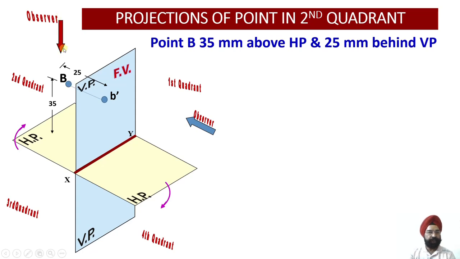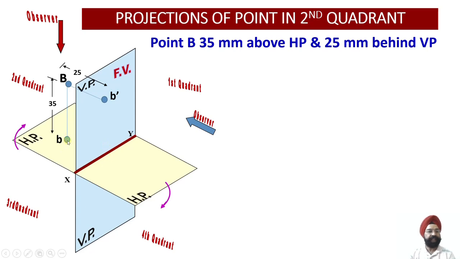So once the observer is looking at this point from the top, you see the projection will be appearing on the horizontal plane, and wherever these rays of projection or rays of sight intersect with the horizontal plane, this point will be called small b. Just see, this point is small b. And what is the location of this point? This will be 25 mm behind VP. What is the distance of this point? This will be 35 mm above HP.